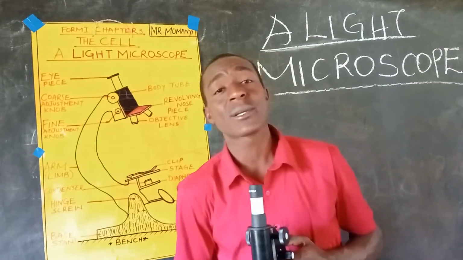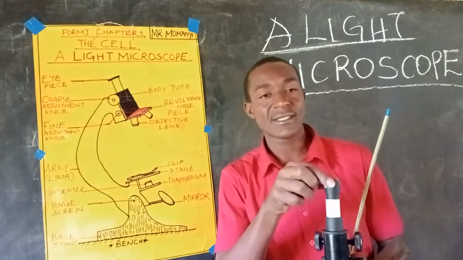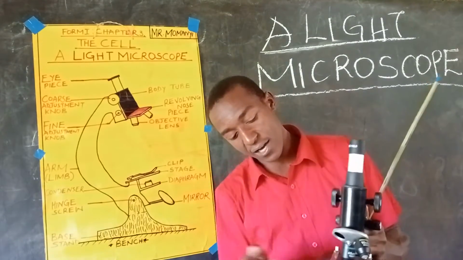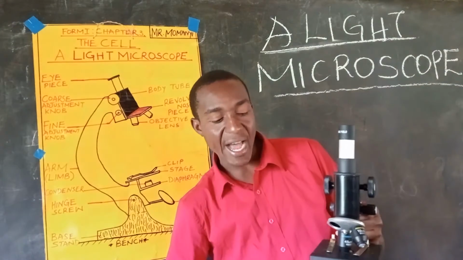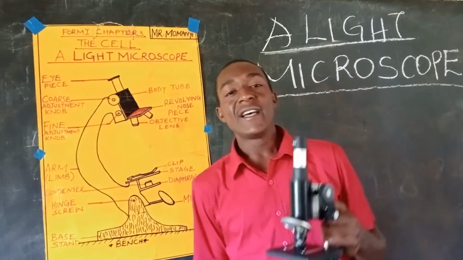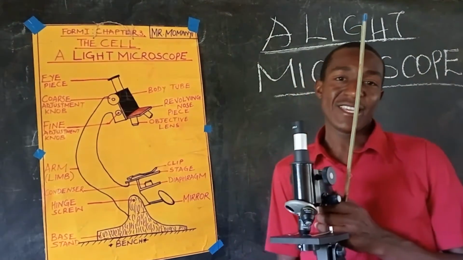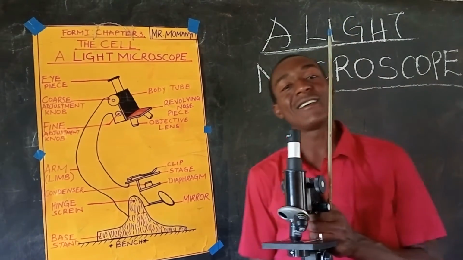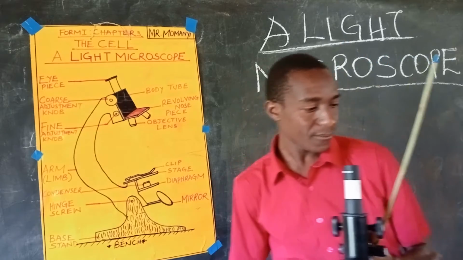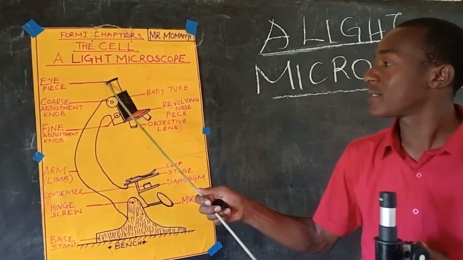I want to repeat that a microscope is very delicate because these lenses, this eyepiece lens, the objective lenses that are here, and the mirror are delicate and can easily break. So work with me, have somewhere to write, and write the notes on it. So the first part of this microscope is the eyepiece.